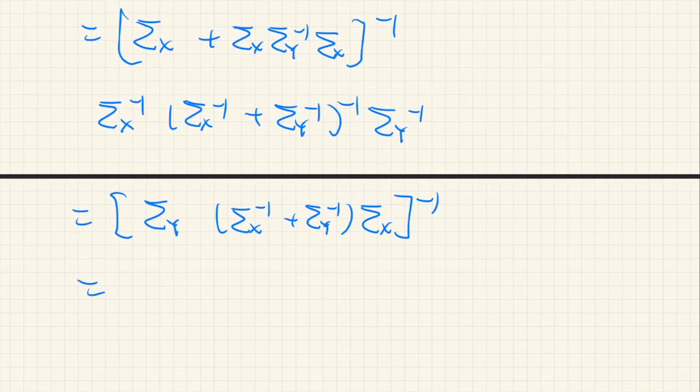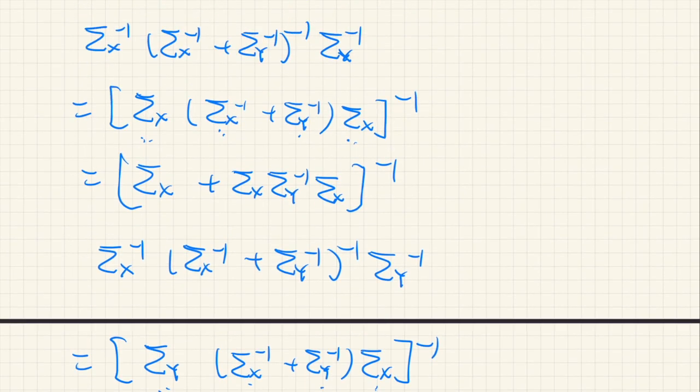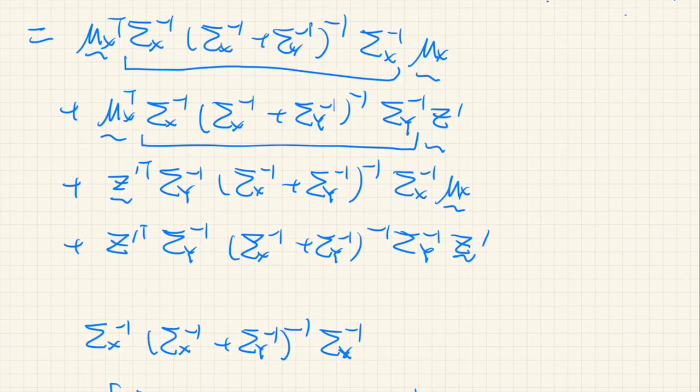Okay, so this is equal to, this times this is Σy, and this times this is Σx⁻¹. And now what? This one is the same as the previous one. So this one and this one, they are the same.